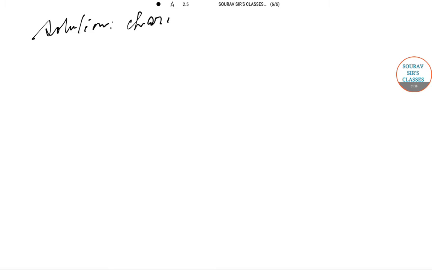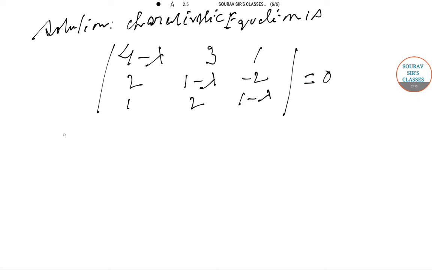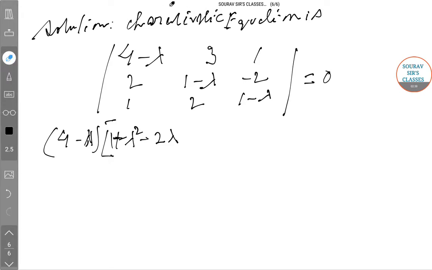Characteristic equation is: 4 minus lambda 3 1, then we have 2 1 minus lambda and minus 2, and 1 2 1 minus lambda, and that makes it equal to 0. Let me erase it and then put it in the proper form. Just a minute.